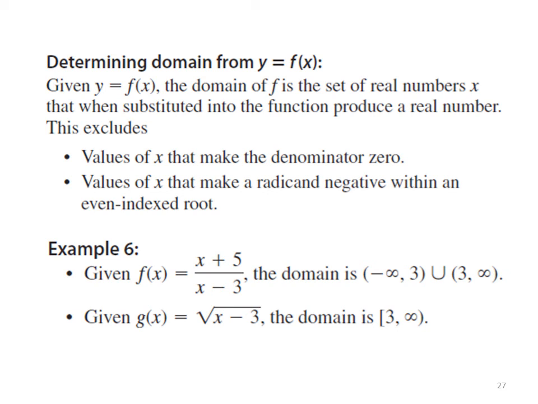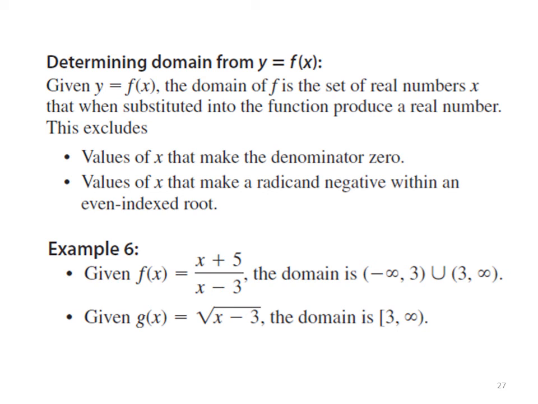The second example, g of x is equal to the square root of x minus 3. But you cannot allow the radicand to be a negative number. So your domain will be all values for x such that x minus 3 is greater than or equal to 0. In other words, x will be larger than or equal to 3.